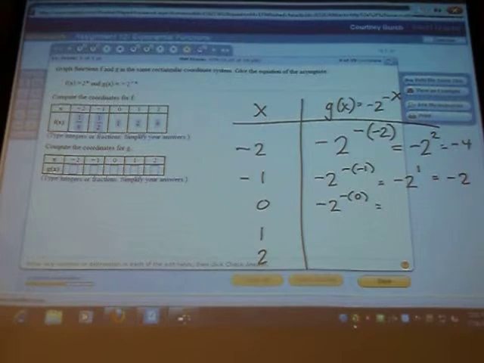Okay, so what's negative 2 to the negative 0 power? Negative 2 to the negative 0 is still 0. Negative 0, 0, same thing. 2 to the 0 is 1, and then you make it negative 1.